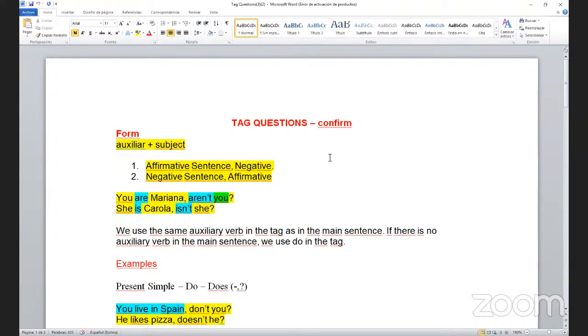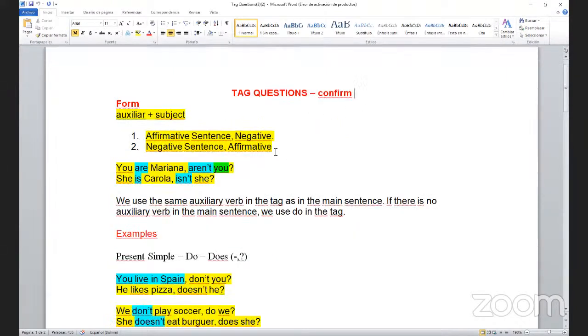Okay, great. So now we're going to see today a grammar topic, tag questions, which we use when we want to confirm something. For example, if I am not very certain about something, I will use a tag question.